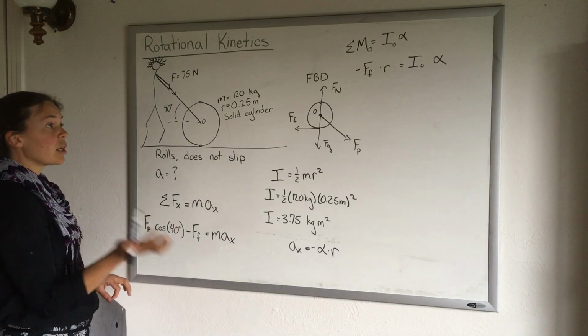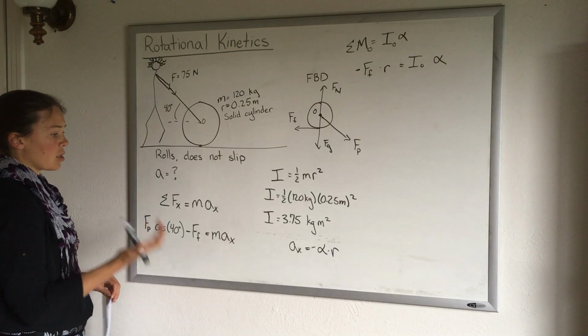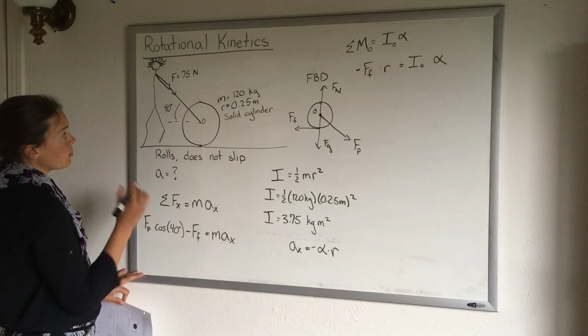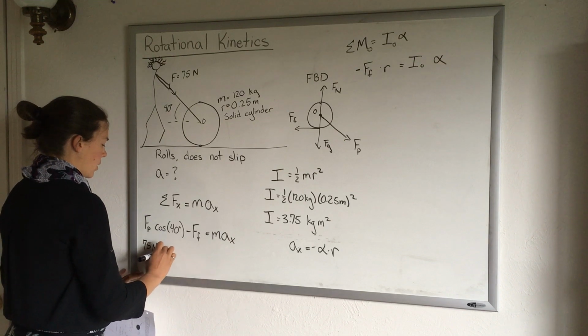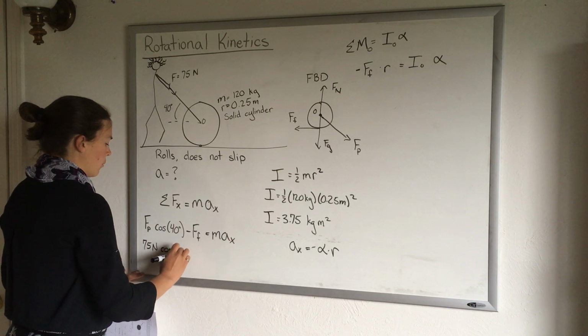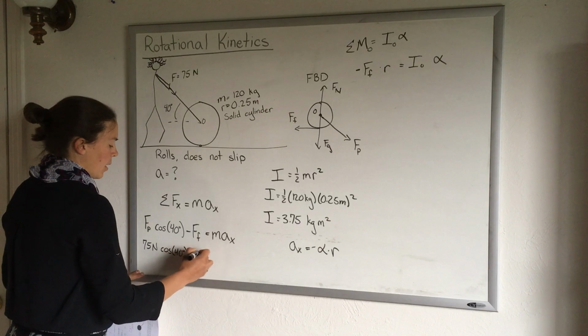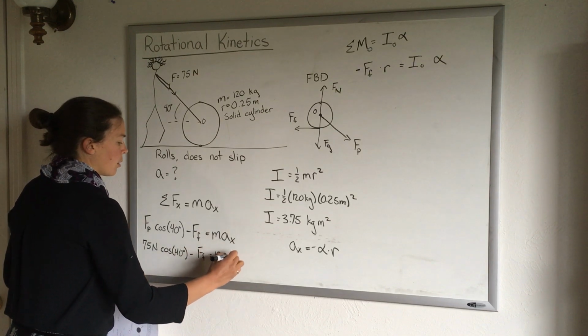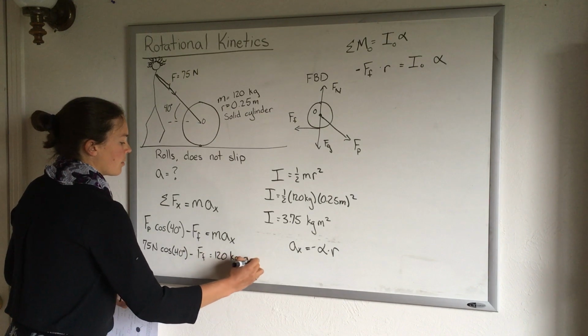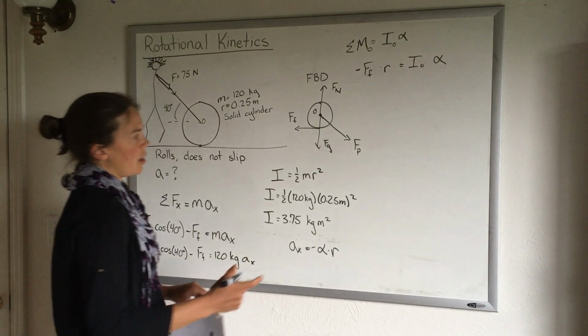And now I think we have 3 equations and 3 unknowns, and we can solve for our a_x. So let's plug everything in here. Our FP is 75 newtons times cosine 40 degrees minus our force of friction should equal 120 kilograms times our acceleration in the x direction. 2 unknowns there.